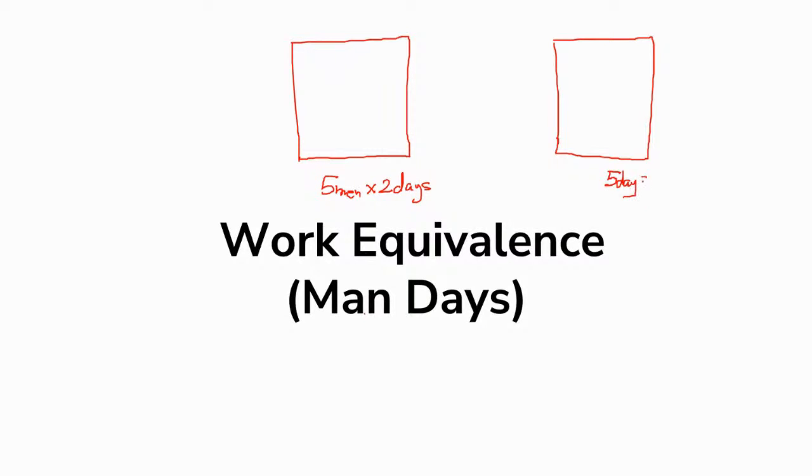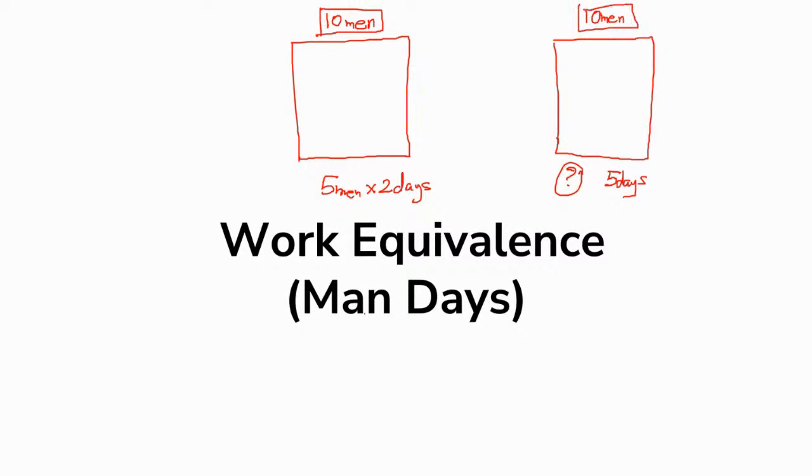So how many men are required each day? In this case, 5 men into 2 days. So can we assume that each day, 5 men are coming? So for 2 days, 10 men's work would have been completed here. To construct the similar building, here also I need 10 men's work.